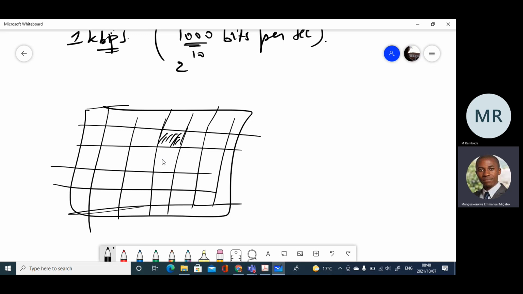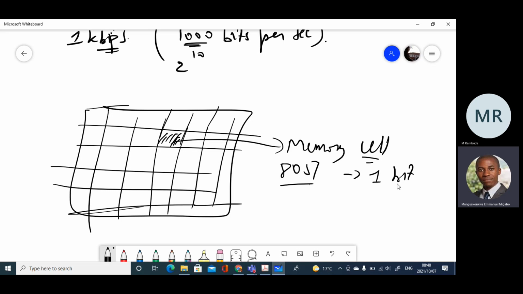The simplest unit of memory is what we call a memory cell. On small computer systems like the AT51, the memory cell has a size of 1 bit. But in general, with personal computers, mobile cell phones, and other higher computing devices, every cell corresponds to 1 byte. Okay. So these are addresses.